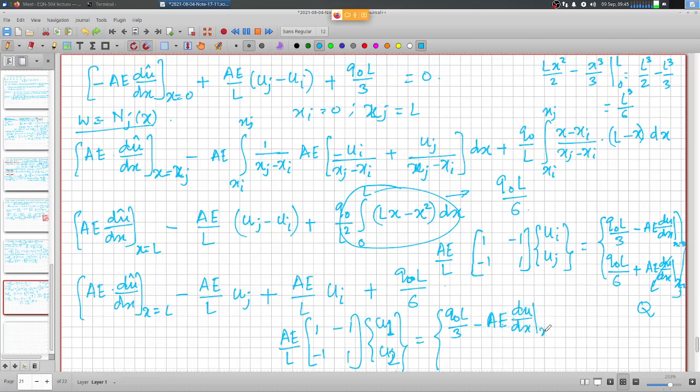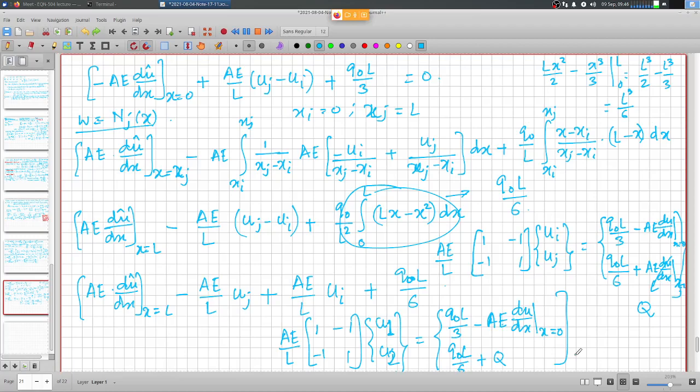I could as well write this as reaction R. Second, Q naught L by 6 plus Q. So this is the equation to be solved for, and how do we solve for this equation?